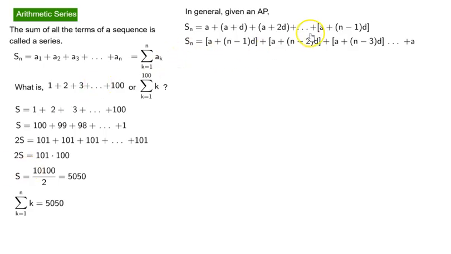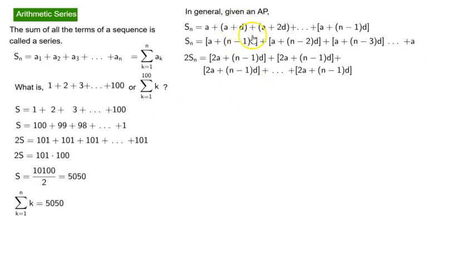So S sub n is equal to a plus n minus 1 d plus a plus n minus 2 d plus a plus n minus 3 d dot dot dot plus a. And we add these two series. We get 2 times S sub n is equal to, here we have a plus a, 2a plus n minus 1 d, plus a plus a, 2a plus n minus 1 d, plus 2a plus n minus 1 d.